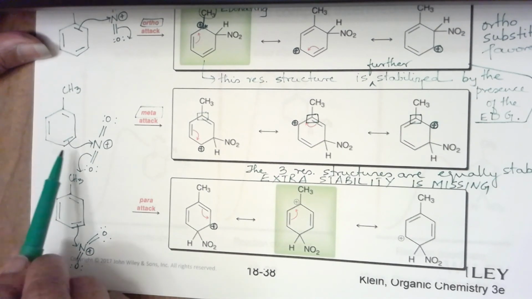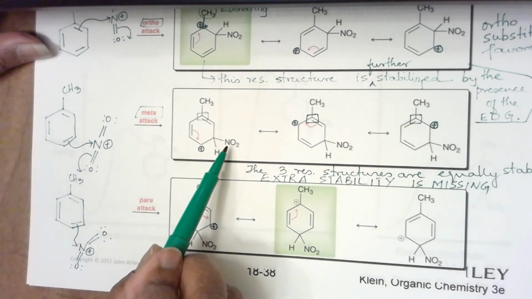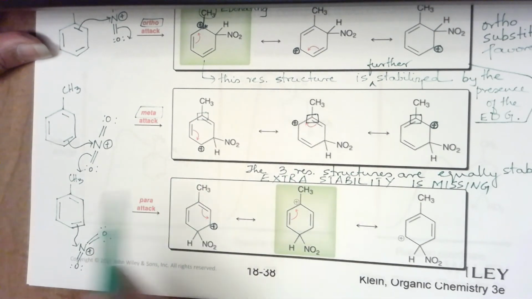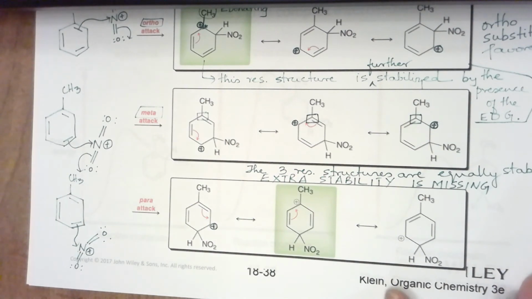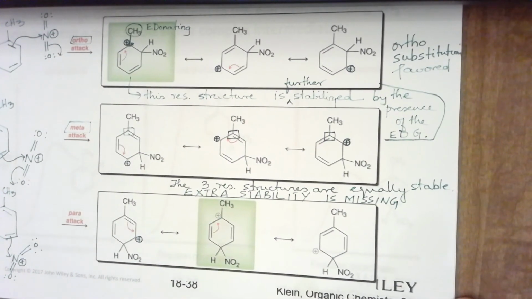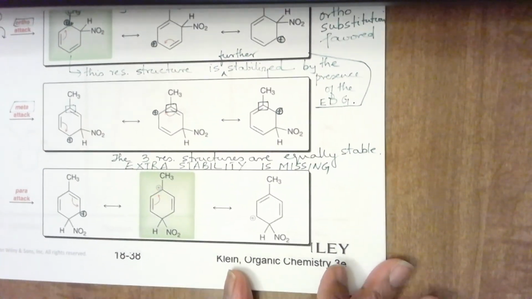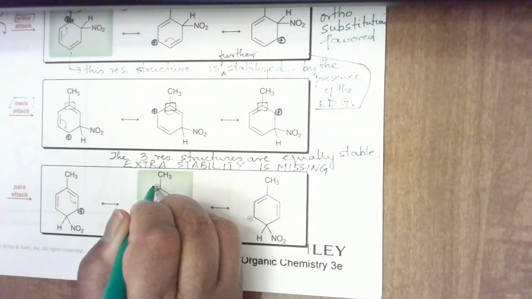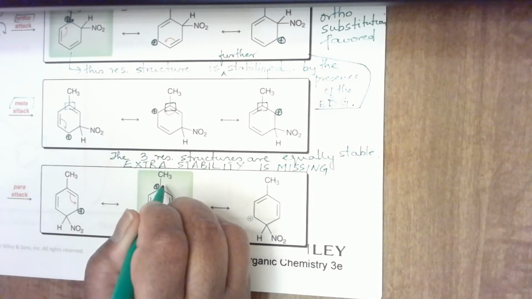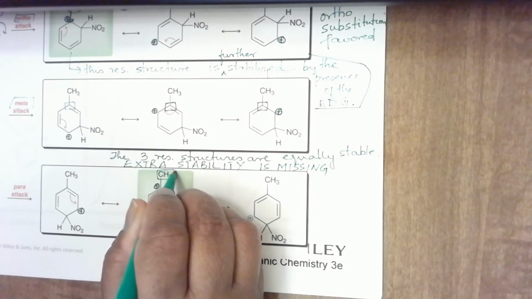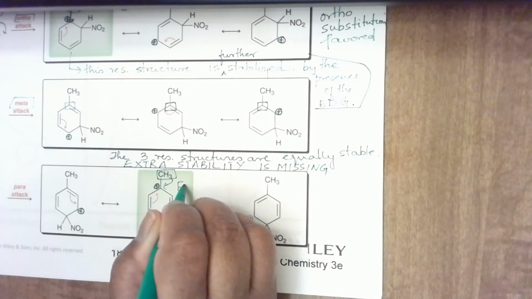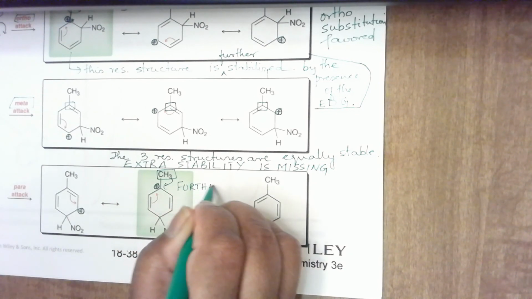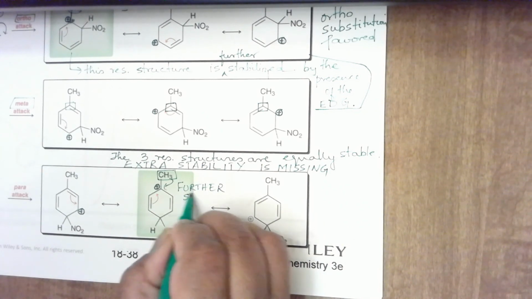Okay, so you can use that and put the nitro group there and a positive charge there, or just to make it convenient for us, use the same here, but put the nitro group in the ortho position and the positive charge at the next carbon here. Now, as you draw the resonance structures, you see that the next time your positive charge is adjacent to the electron donating group. Okay, so I'm going to write here further stabilization provided.